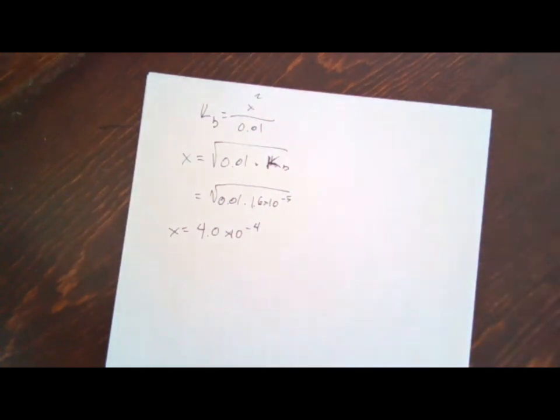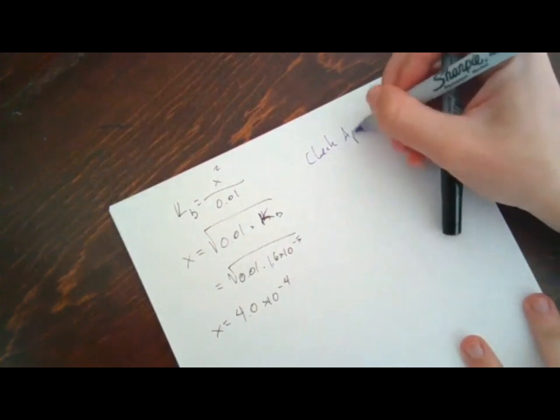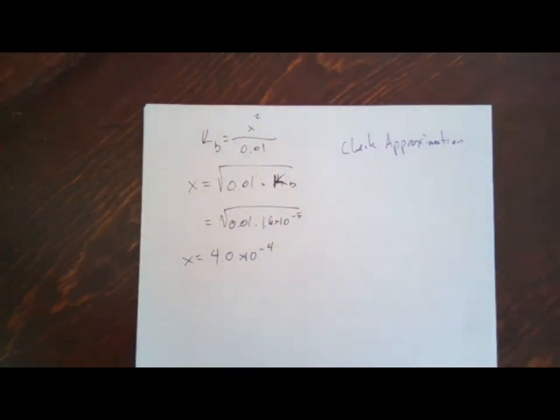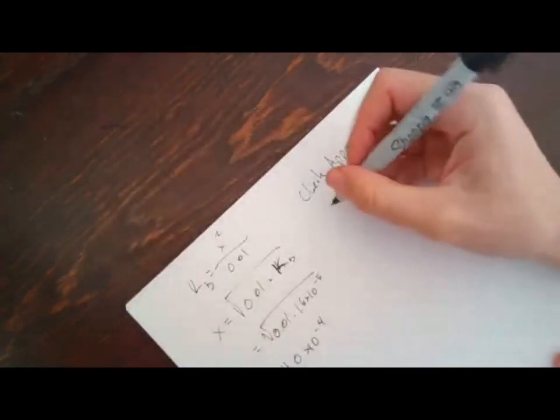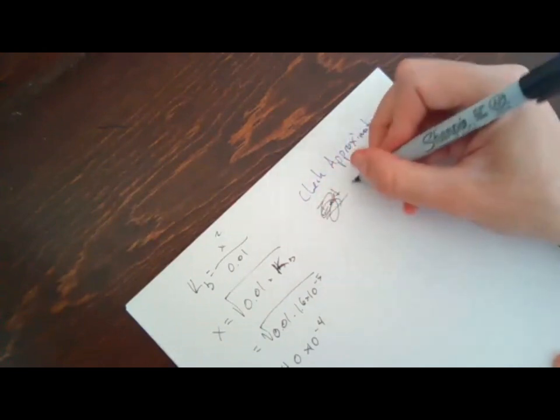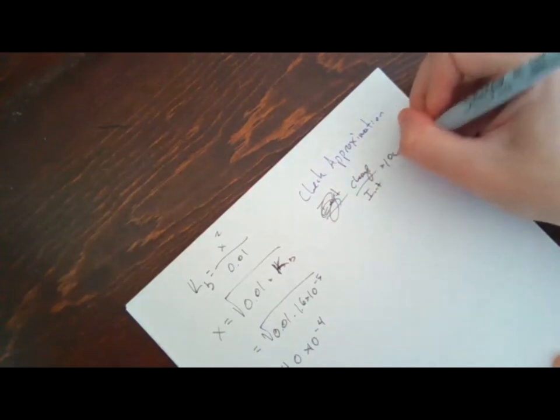Whenever we make an approximation after we get our x, we need to check that the approximation was valid. So it's going to be change divided by initial times 100.